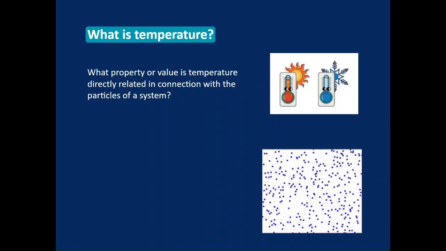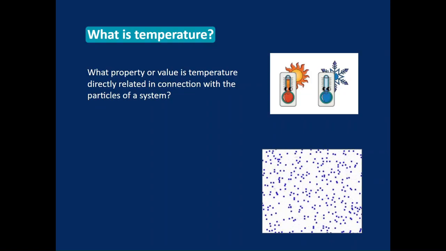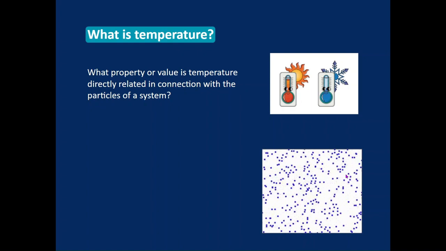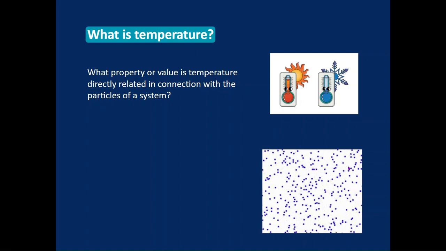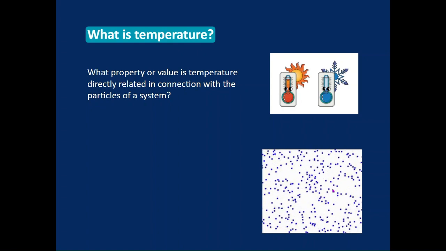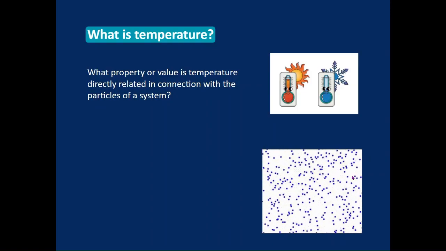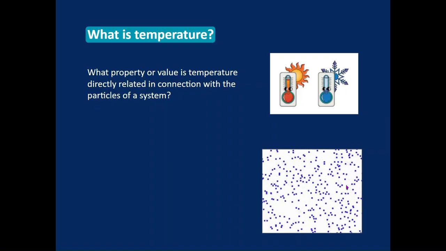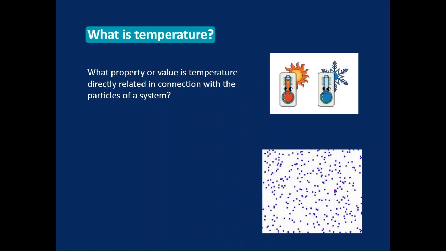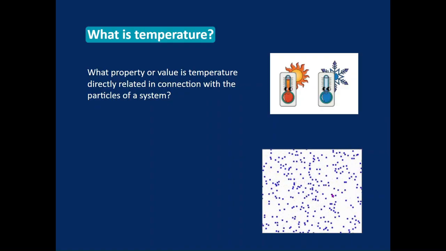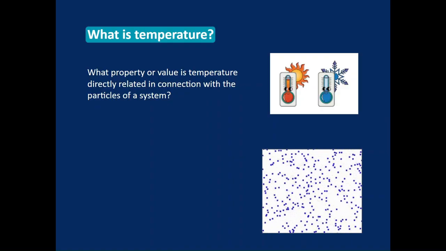And the property we can see here at play is their motion, or their velocities. They have different velocities, different speeds. And so each of these particles has motion energy, which is kinetic energy, the energy of motion. All things in motion have kinetic energy.